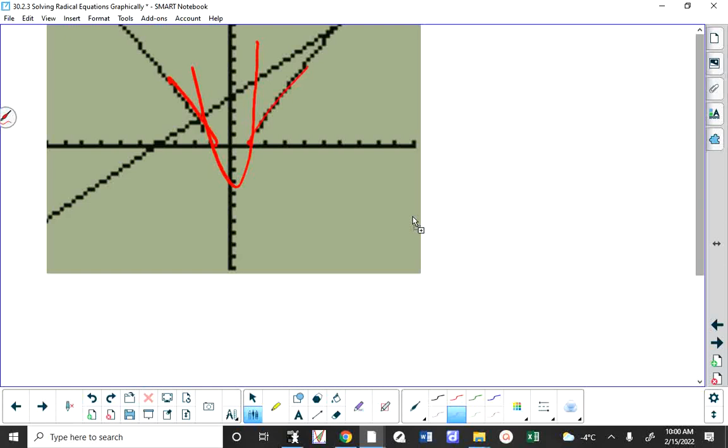This is what we learned yesterday. So the crappy part about your calculator is that it doesn't quite connect them with the x-axis, but it's there. You can see there's two intersection points, can't you? Then there's 2 solutions. And if there's 2 solutions, there are no extraneous solutions because we only got 2.